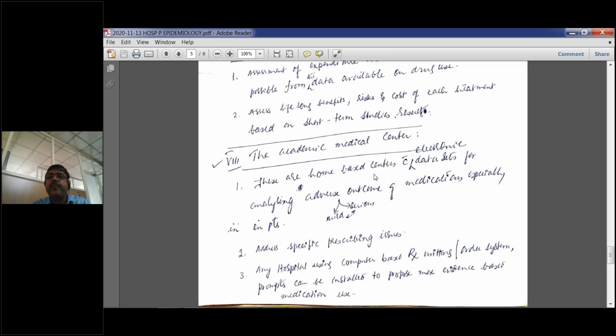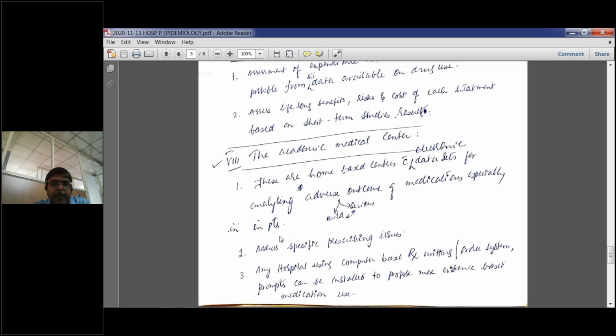So they will have all the facilities such as internet facilities and electronic facilities in such a way that they are connected to the hospital and to the patients. So these centers will have the internet facility and they collect the adverse outcomes from patients who may be hospitalized in remote places.